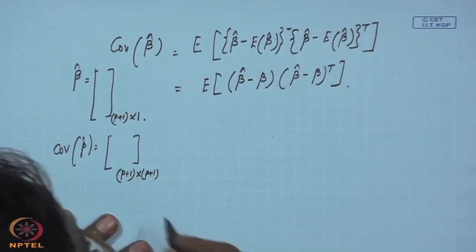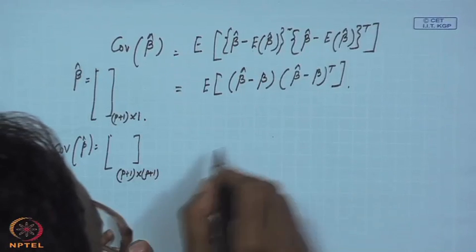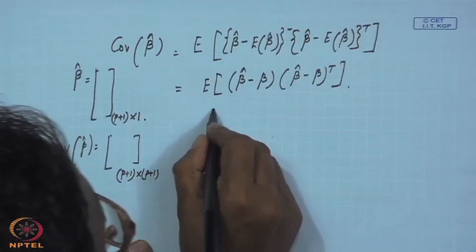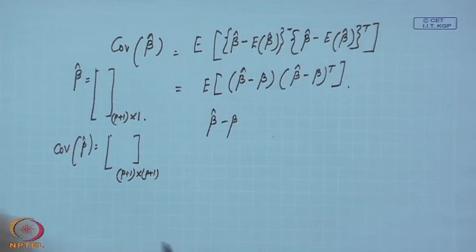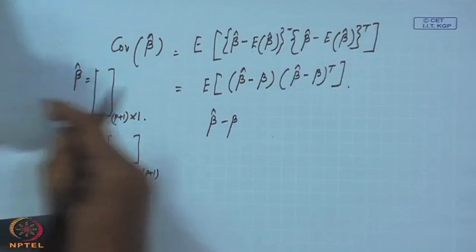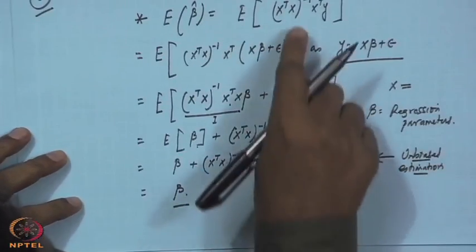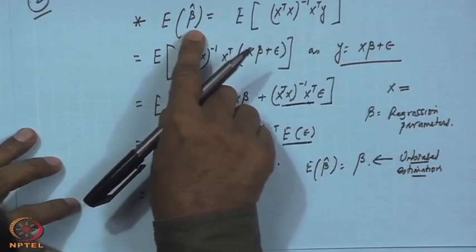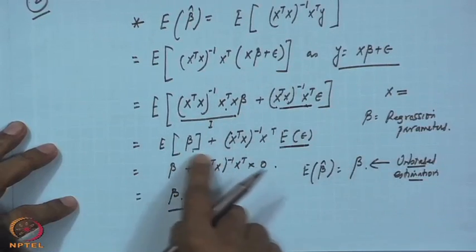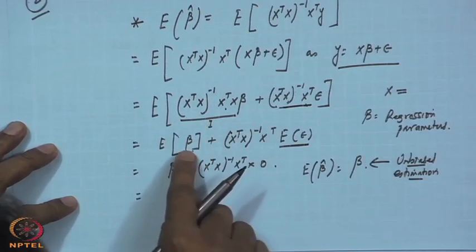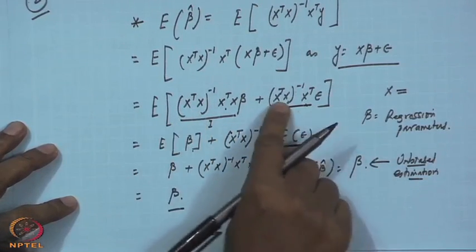Okay. So, let us find out what is the value of beta cap minus beta. If you see here, when we described this for expected value, ultimately you got beta plus this quantity.